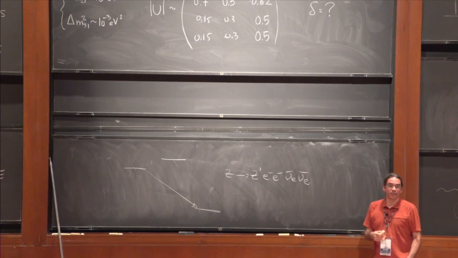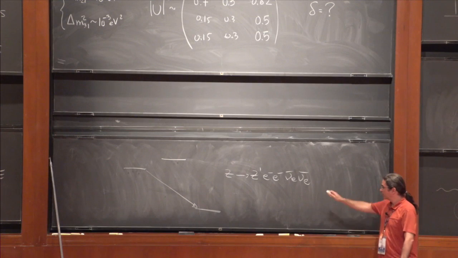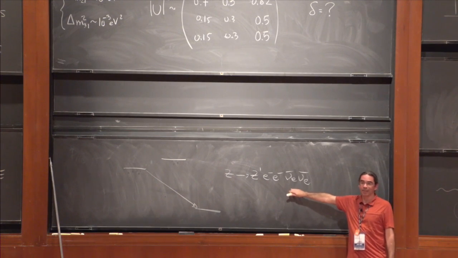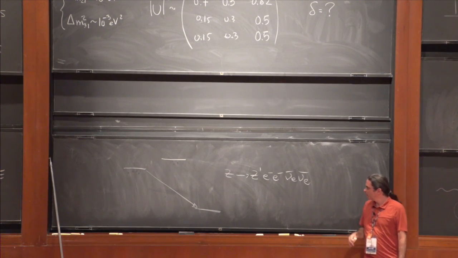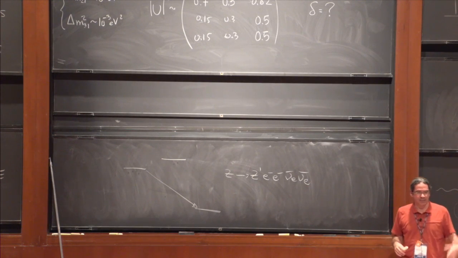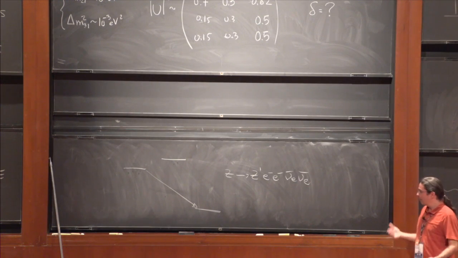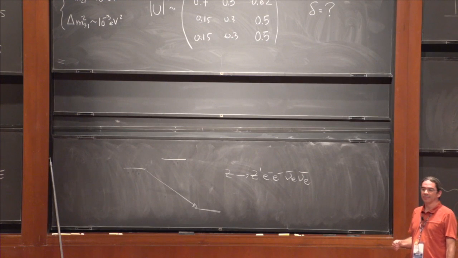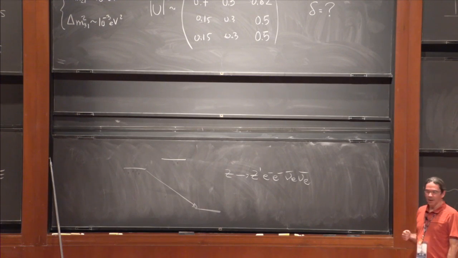So that's the process that you're looking for. Actually, that's not what you're looking for, but this is the phenomenon that happens. This was computed, I think, in the 40s or the 50s, and it's been observed. It's called a double beta decay. It has a ridiculously long lifetime. These are among the longest lifetimes we've ever observed in any physics process ever, something like 10 to the 27 years.